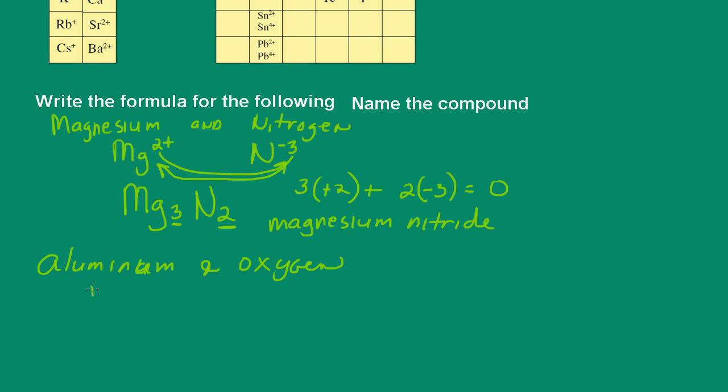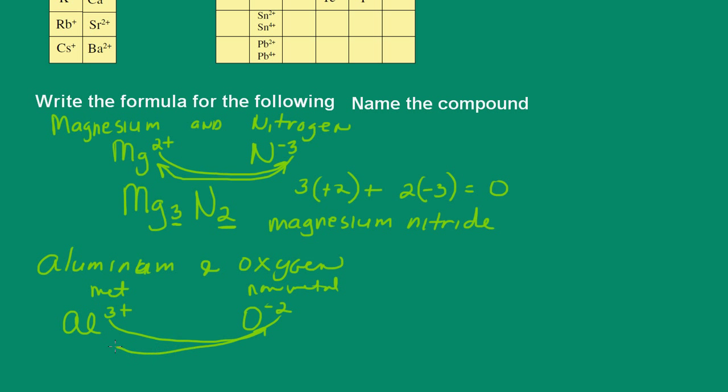So aluminum is our metal, it's going to lose the electrons, and oxygen is our nonmetal, and it gains the 2 electrons. So let's write the ions then. Aluminum loses 3 electrons, it has a +3 charge, and then we have our oxide ion, and that has a -2 charge.